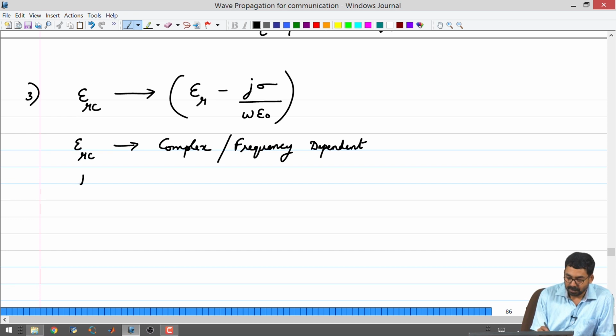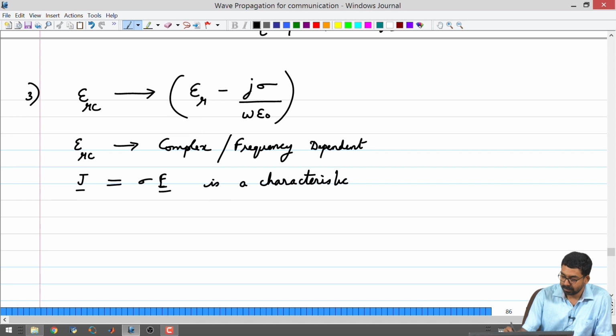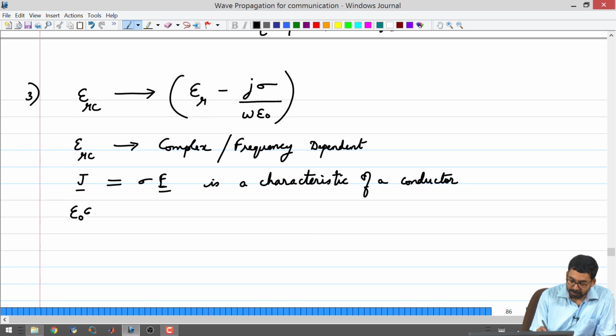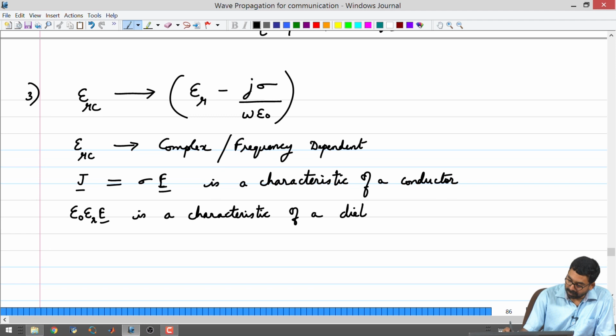One also can say that the term J equal to sigma E is a characteristic of an electric conductor, and epsilon naught epsilon r E is a characteristic of a dielectric.